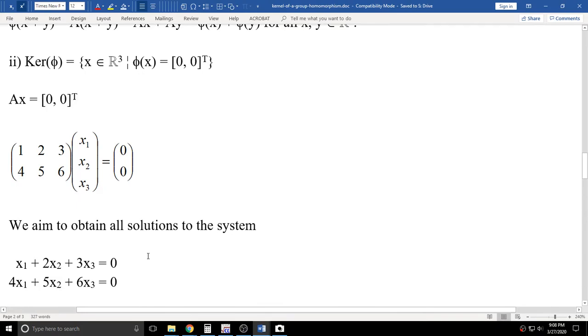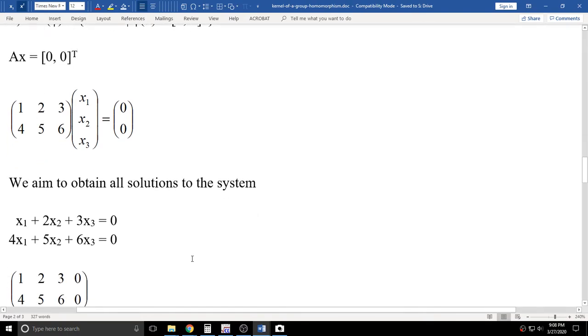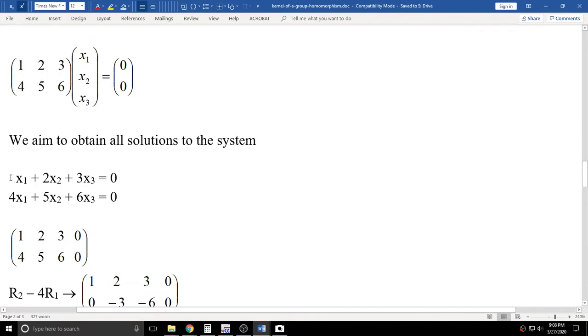Now here we are going to use a little bit of linear algebra. When we have a system, we can write it in matrix form as an augmented matrix. In this case, the augmented matrix is 1, 2, 3, 0, 4, 5, 6, 0.